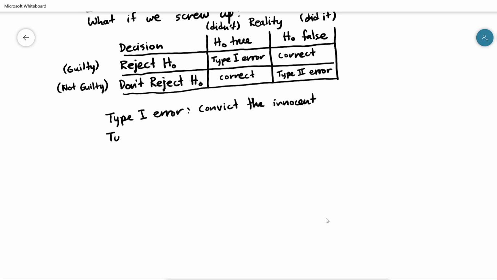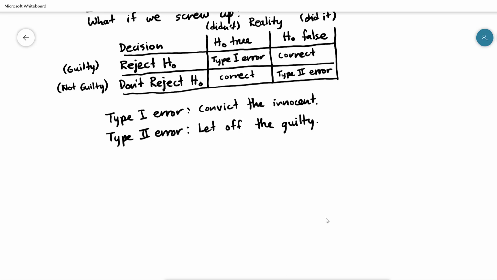And a type 2 error is we find somebody who was actually guilty not guilty. So we let off the guilty. Both of those are mistakes that are possible to make here.